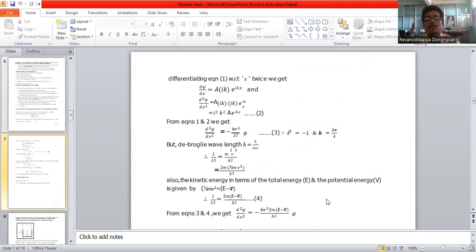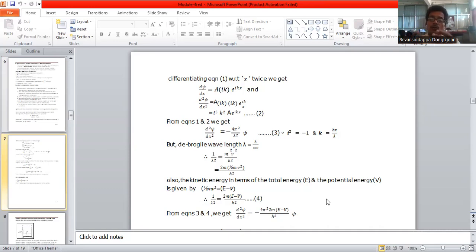So dou psi by dou x is equal to A, take it outside, then e to the power of ikx, with i into k coming out, and the rest remains the same exponential. That is the differentiation.